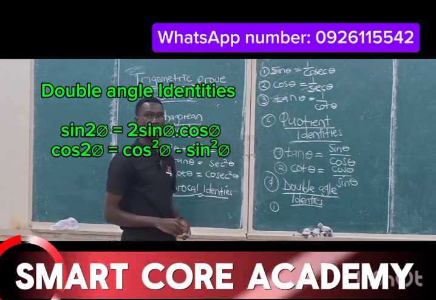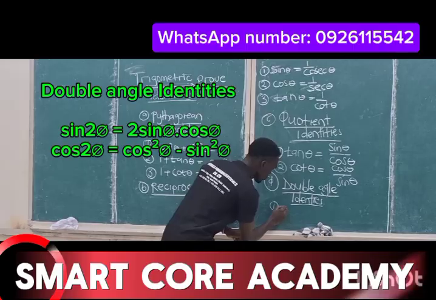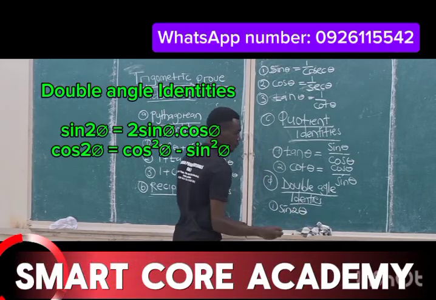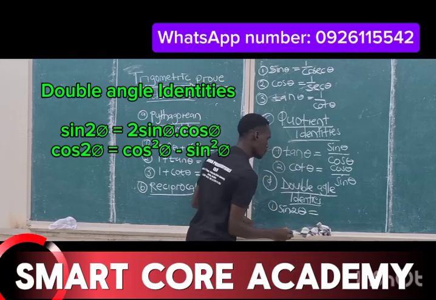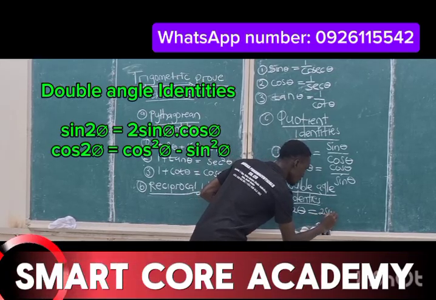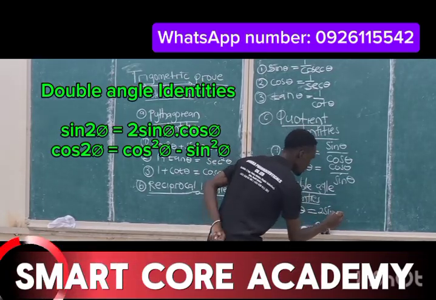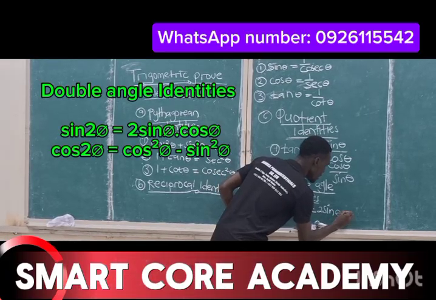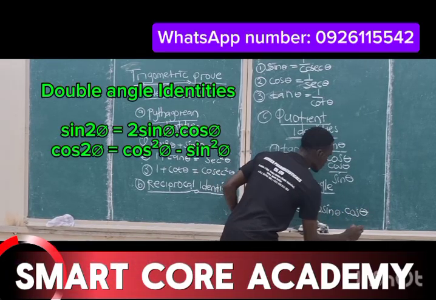Number 1, we say that sine 2 theta is equals to 2 sine theta multiplied by cos theta.